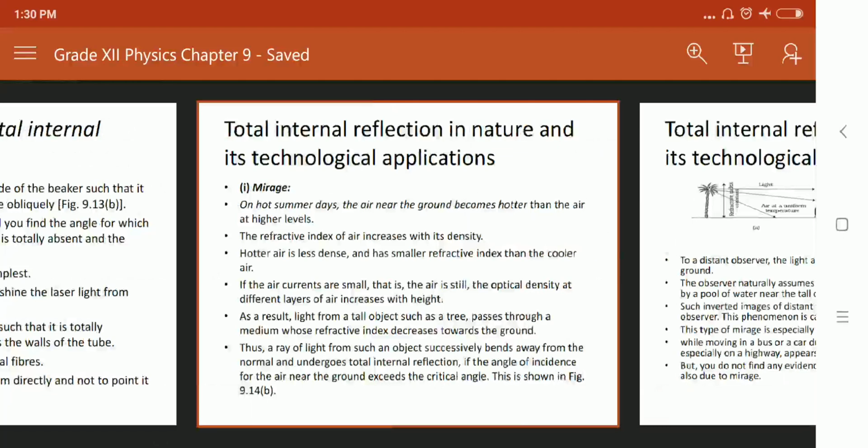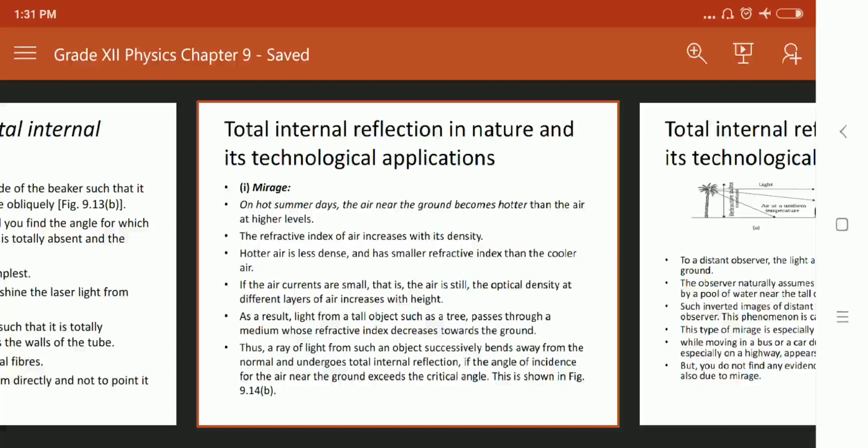Now this total internal reflection can be observed in nature, and let us focus on some of the applications. First is mirage. This can be observed on summer days. The air near the ground becomes hotter than the air at higher levels. The refractive index of air increases with density, and hotter air, which has less density, has a smaller refractive index than the cooler air.